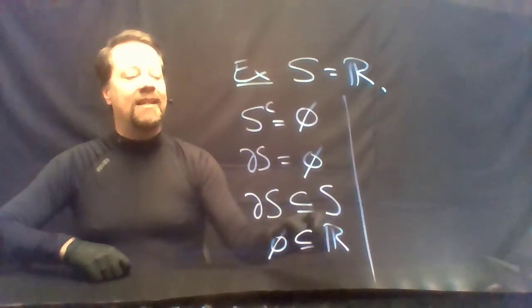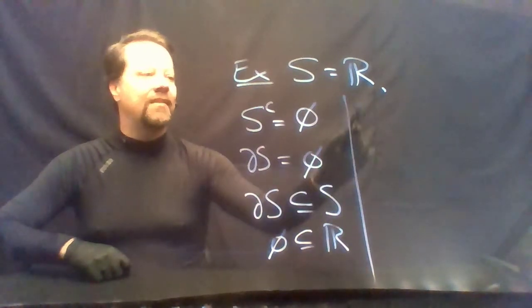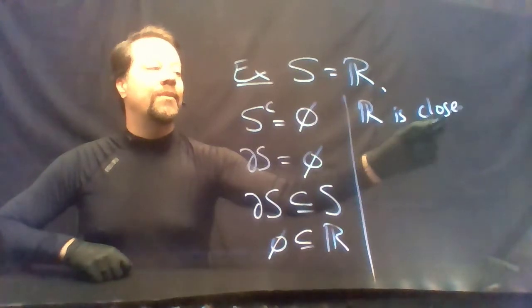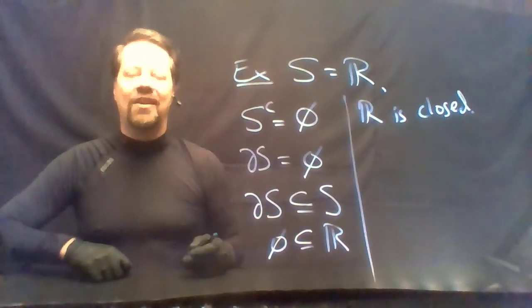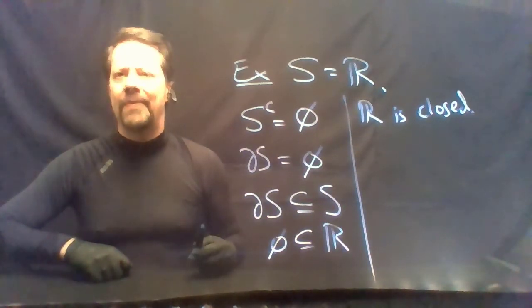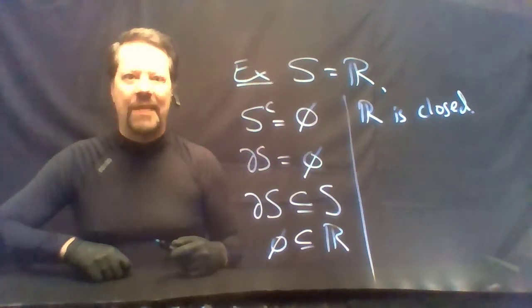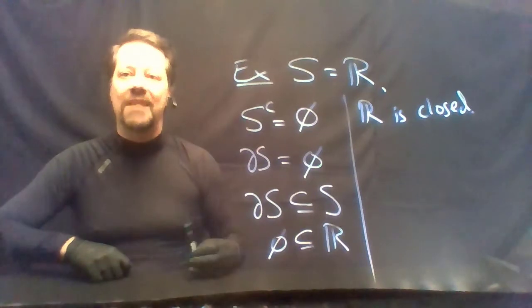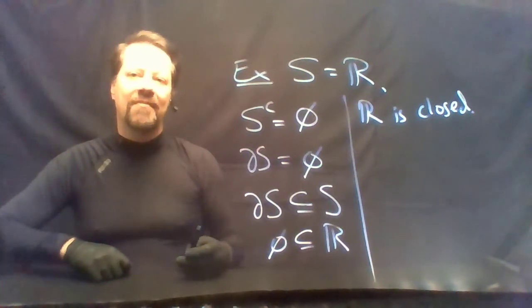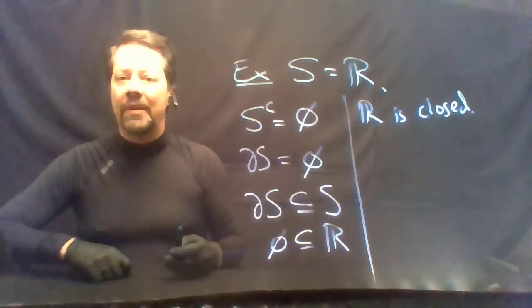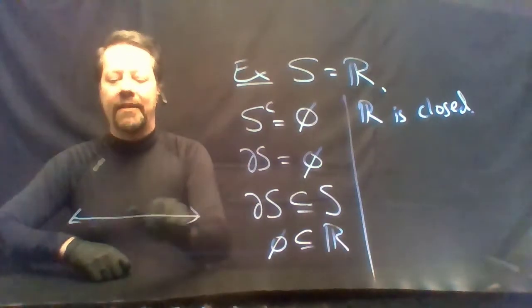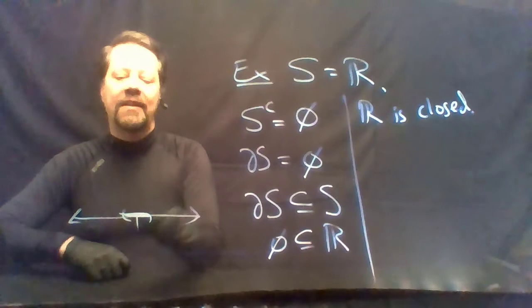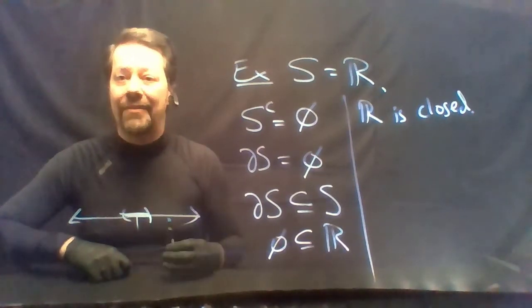Since the boundary is a subset of the set S, R is closed. It contains all of its boundary points, and that's kind of a vacuous statement because it has no boundary points. But even so, the empty set is a subset of R. That's a true statement. So R is closed. But R is also open because around each point in R, you can put a real little open interval, and that interval will be contained in the set of real numbers.